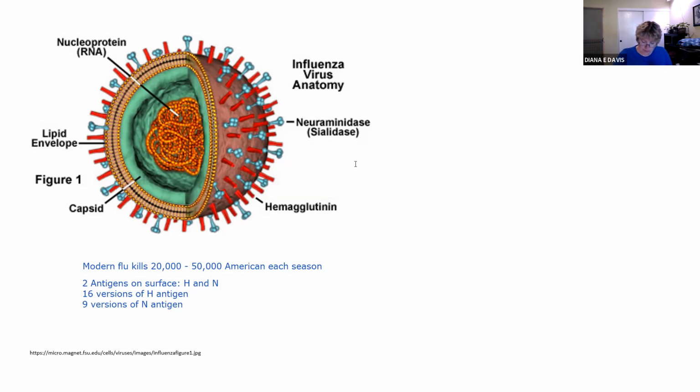So this is why when a new strain shows up, you may or may not have an immune response. So if last winter it was H3N5, H antigen number 3, N antigen number 5, and this winter it's H5N1, even if you have antibodies against the H3 and N5 antigens, you don't have antibodies against H5 and N1.